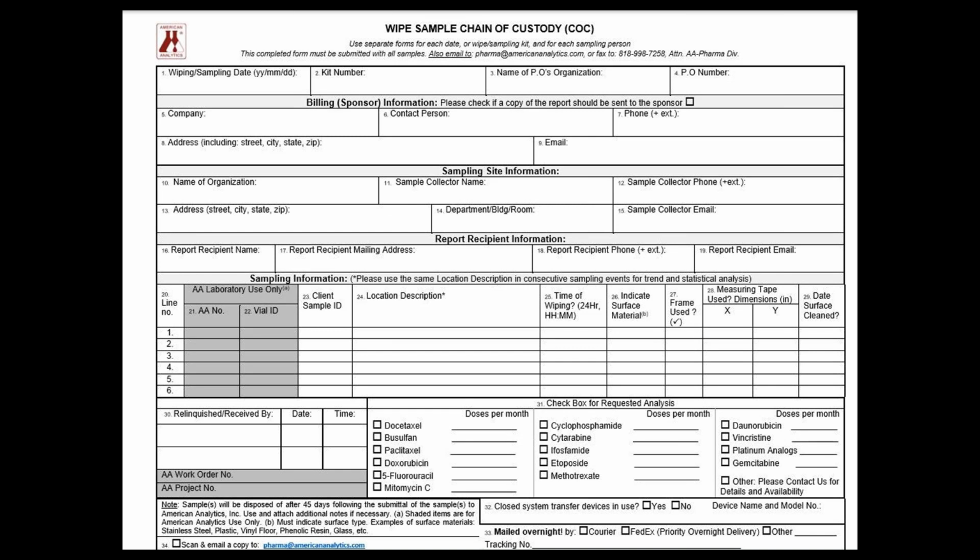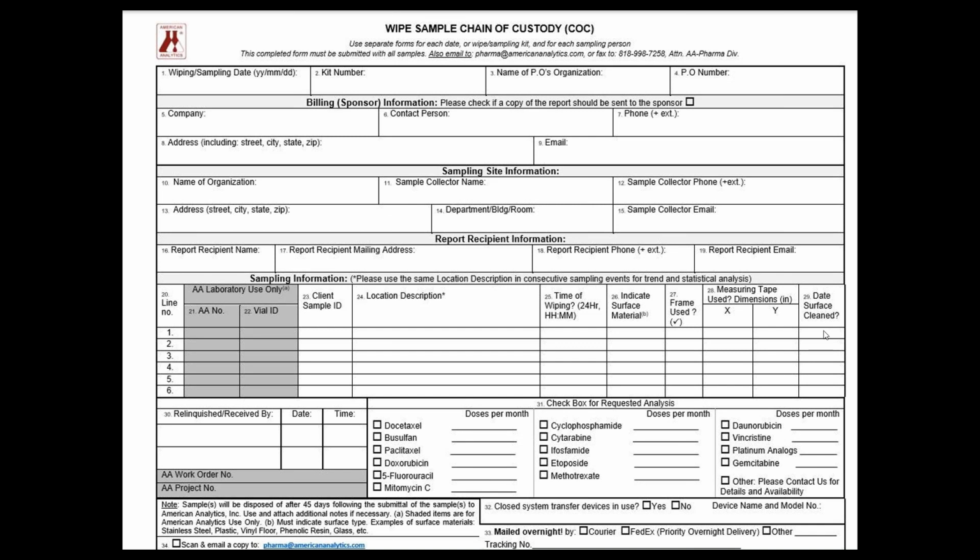We provide pre-measured frames. So if you're sampling a flat surface, you can just check off the box here, just put a check mark. Yes, you used our pre-measured frame. If you were sampling an irregular surface, like maybe a phone handle or a keyboard or a doorknob, you're going to want to use our disposable measuring tapes, and then you're going to measure a length and a width, the X and Y, and you can put those two measurements, length and width, here in these two boxes.